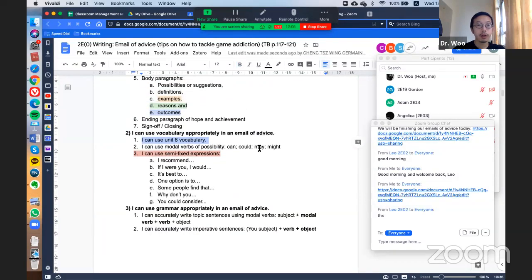Now, a particular grammar item for Unit 8, besides Unit 8 vocabulary, was modal verbs of possibility: can, could, may, might. We went over those. And then there's one other thing about semi-fixed expressions.